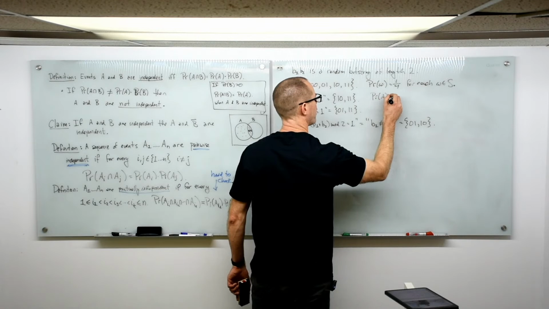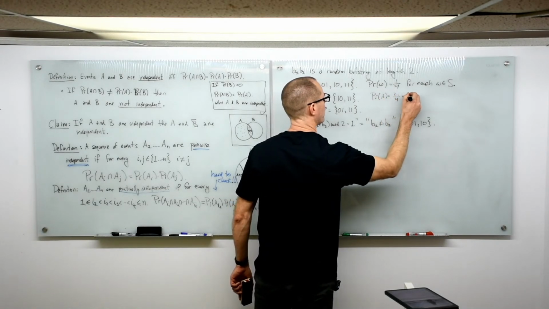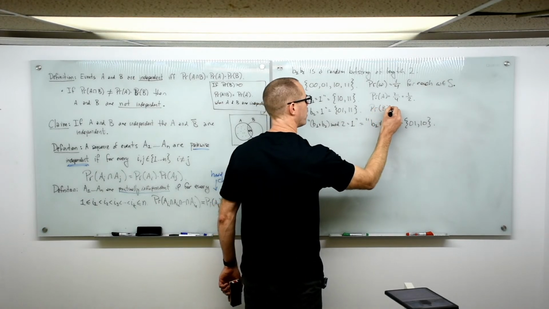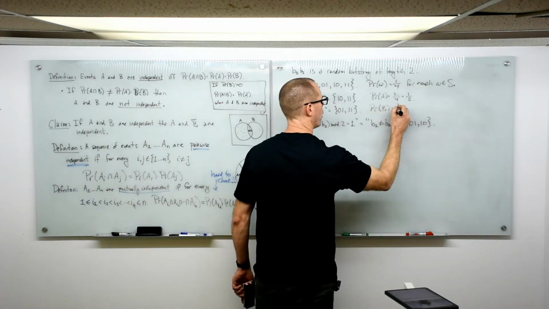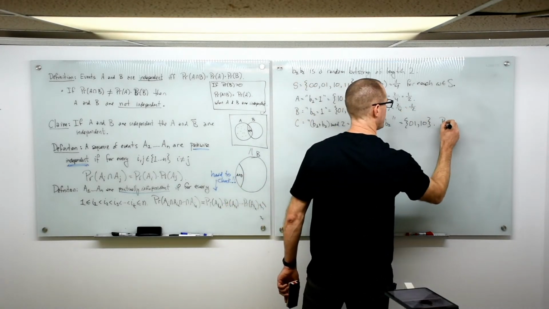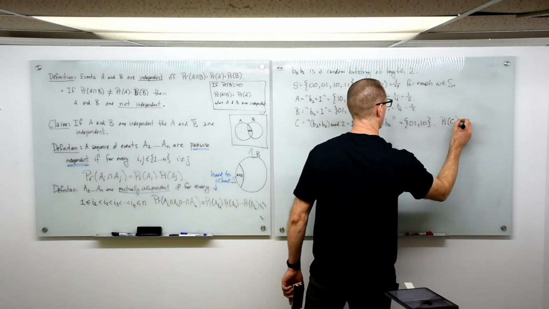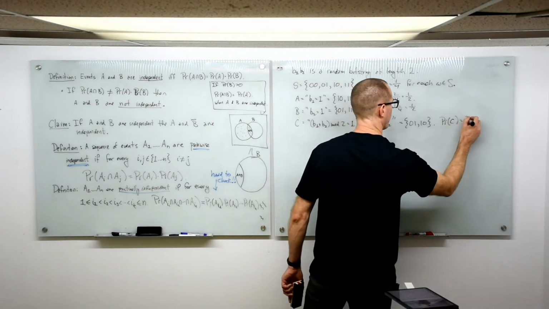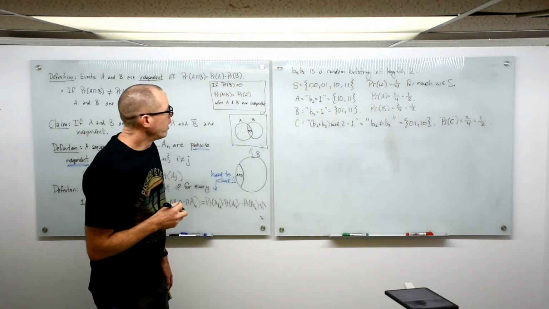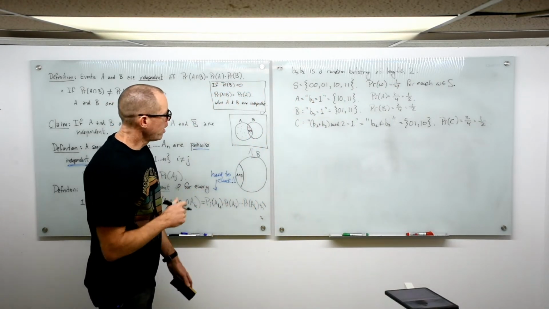Probability of A is 2 over 4, or a half. Probability of B is also 2 over 4, is equal to a half. Probability of C is also equal to 2 over 4, is a half.